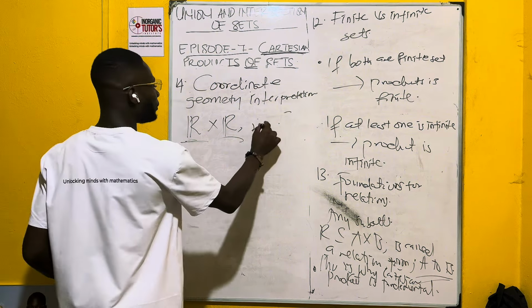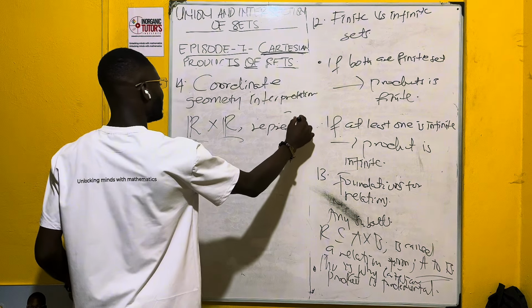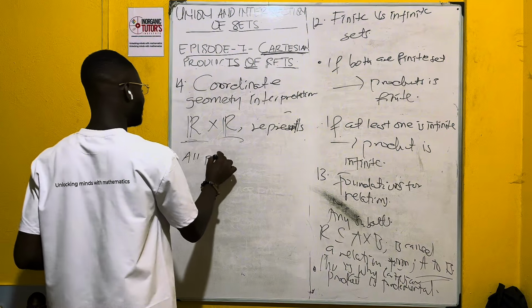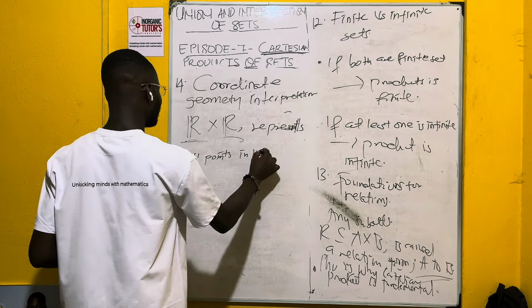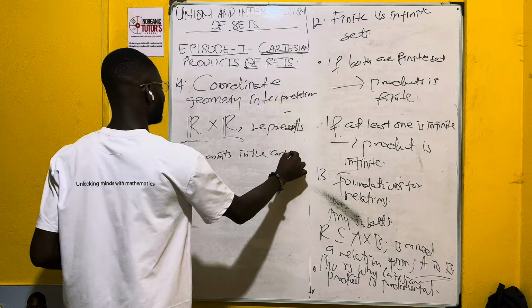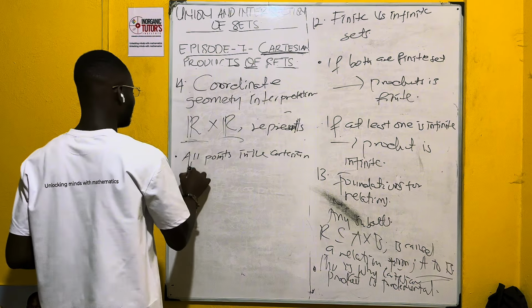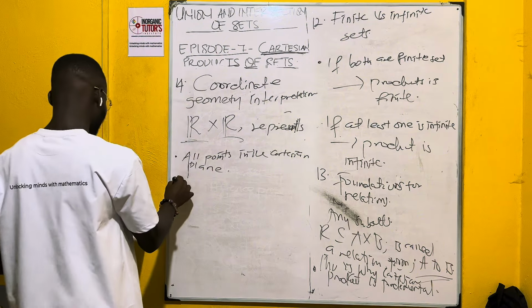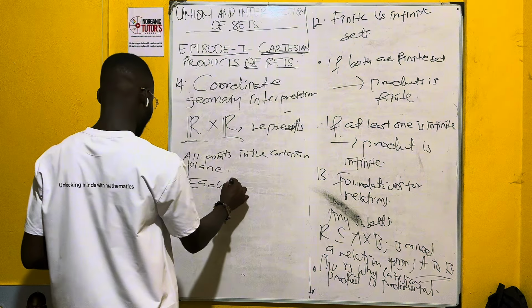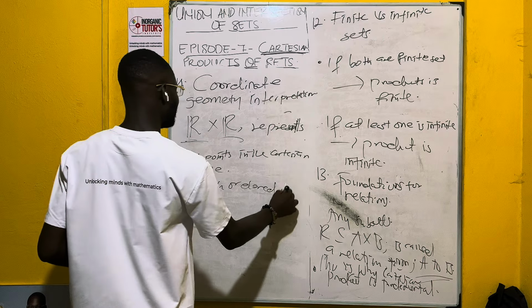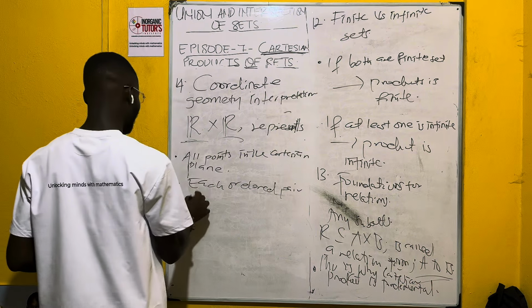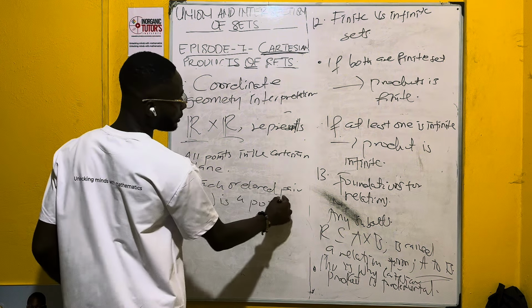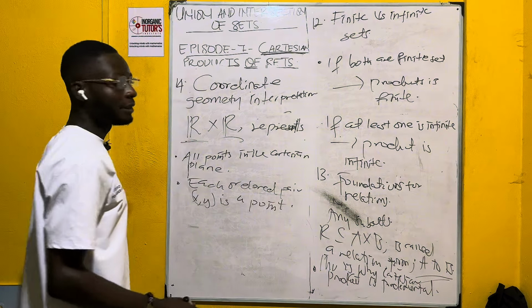Now, this represents all points in the Cartesian plane. Each ordered pair, let's say X and Y, is a point.